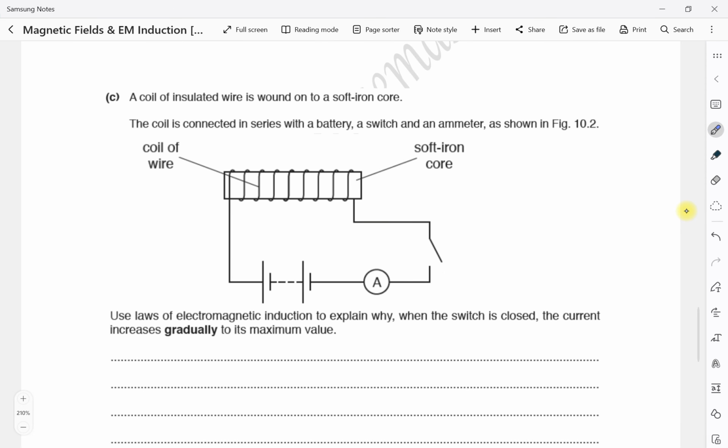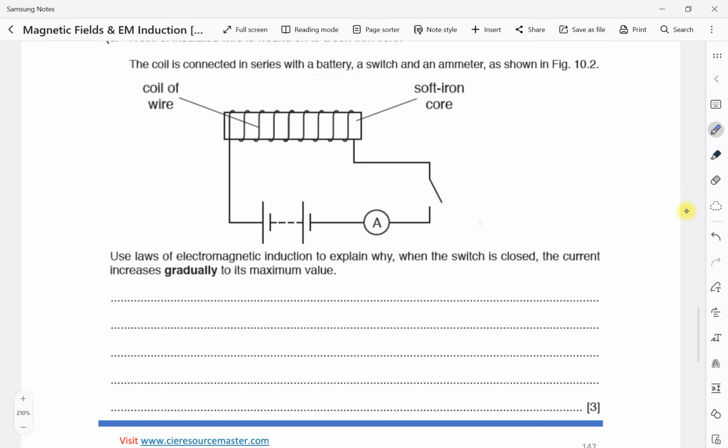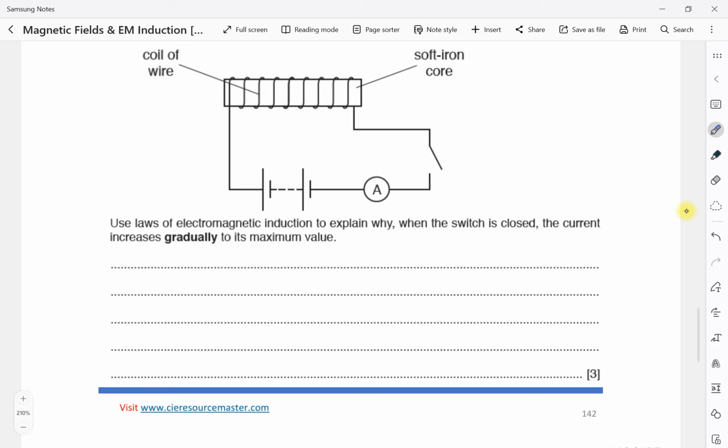A coil of insulated wire is wound onto a soft iron core. The coil is connected in series with a battery, a switch, and an ammeter as shown here. Use laws of electromagnetic induction to explain why, when the switch is closed, the current increases gradually to its maximum value.